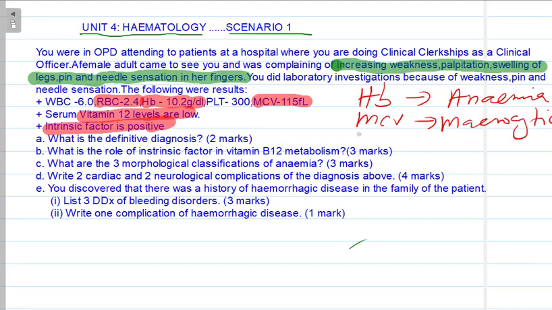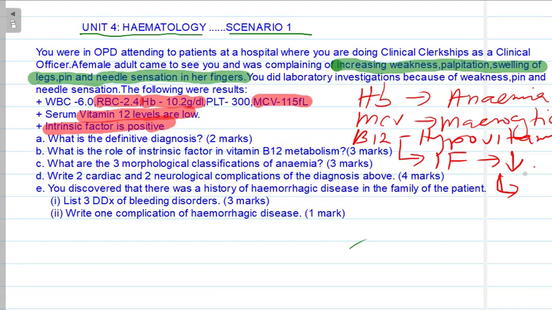And then we have B12 showing us hypovitaminosis. And then we also have IF, which is low. So this is what we have gathered. So the entire picture, what does this picture show us?